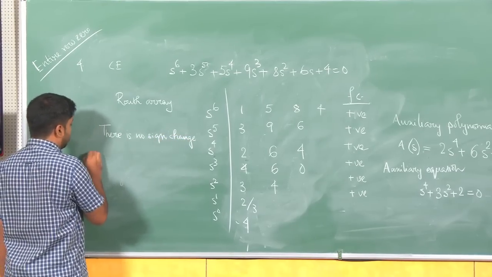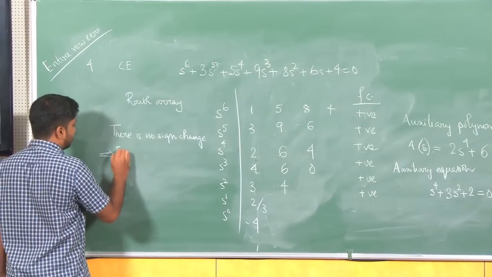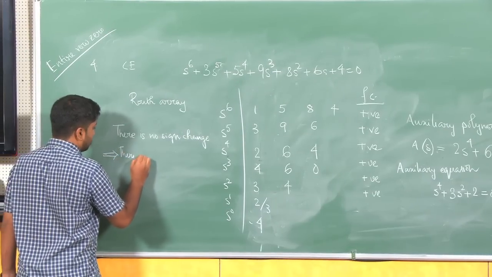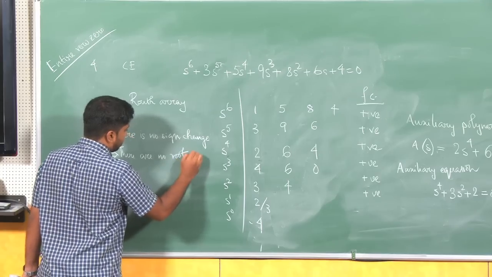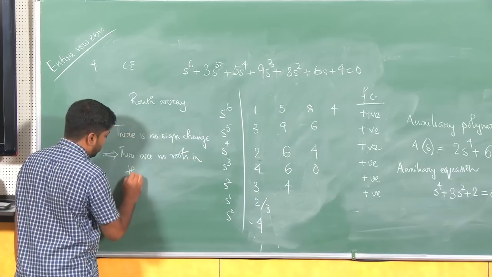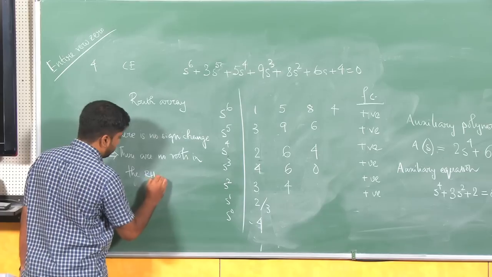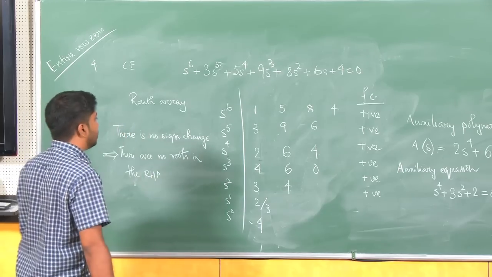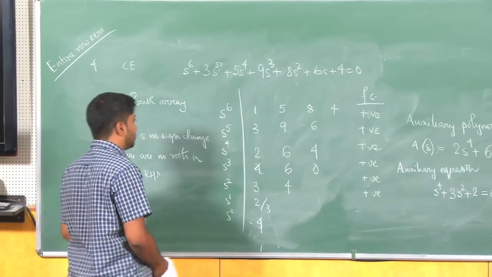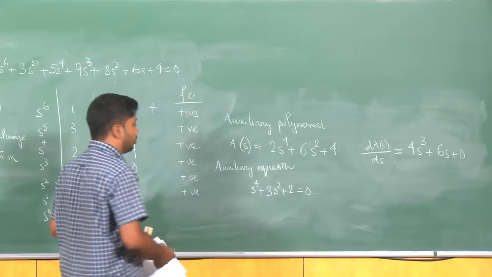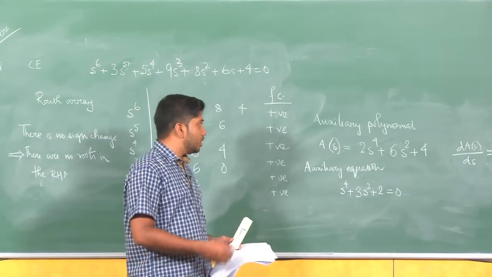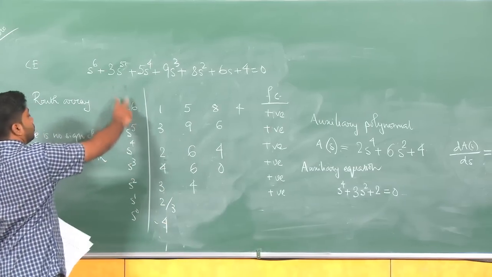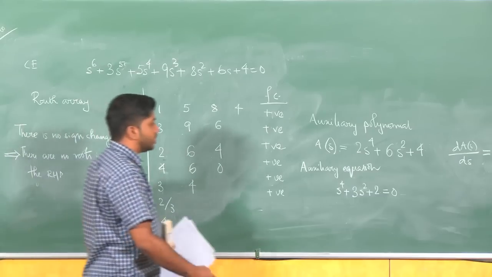That means there are no roots in the right hand plane, but to determine the stability of the system, we need to find out the roots of the auxiliary equation, because we learned that the roots of the auxiliary equation are also the roots of the characteristic equation. So, the roots will determine the stability.